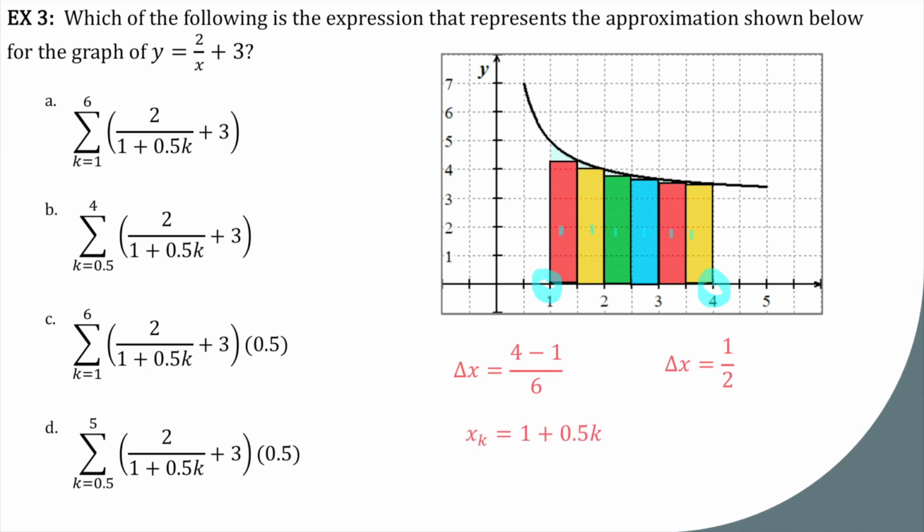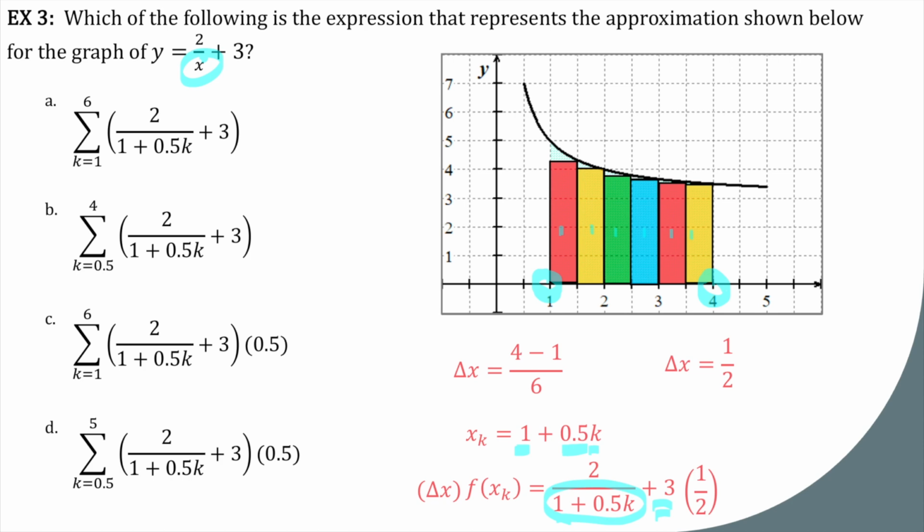Now our x sub k is starting point plus delta x times k. So plugging that into the function, my f of x sub k is 2 over, and instead of writing x, I have x sub k plus 3. That's the height of each rectangle. To find the area, I need to multiply by the width, which is 1/2.